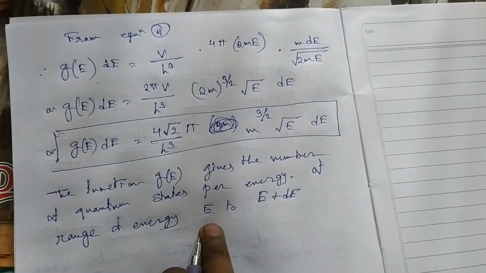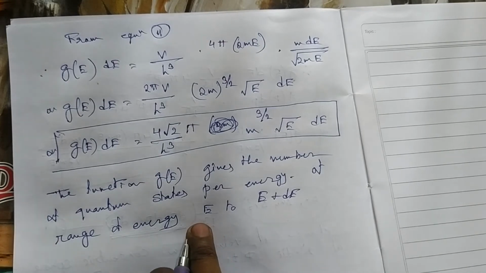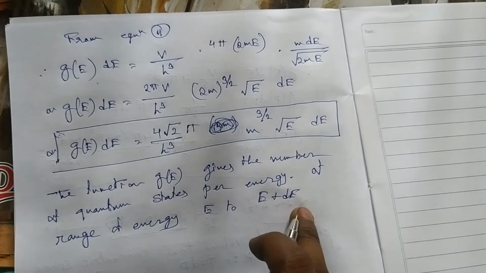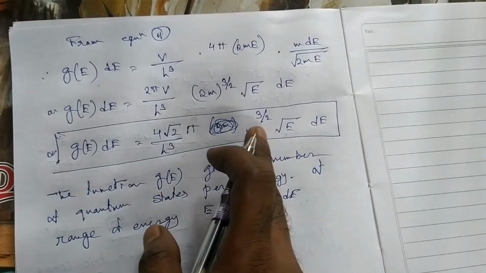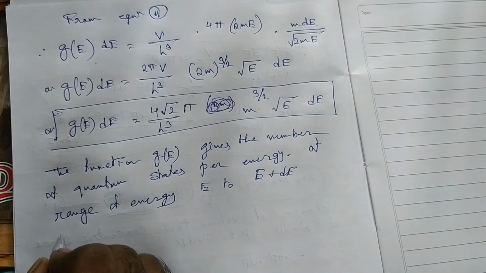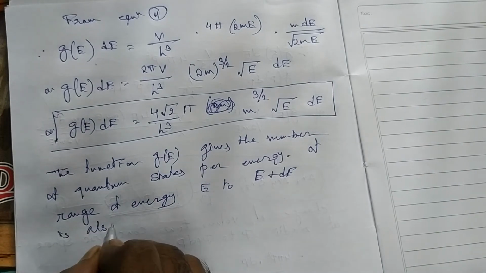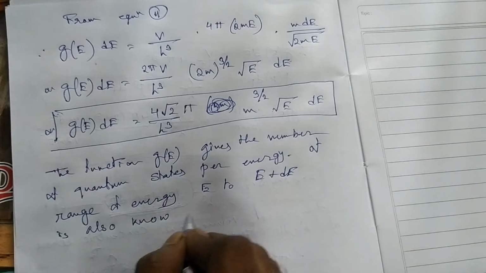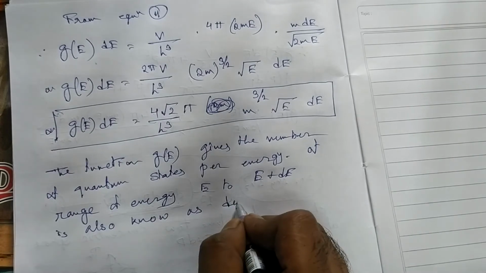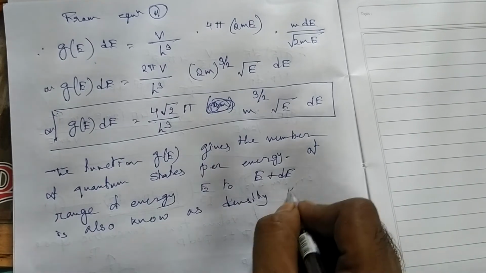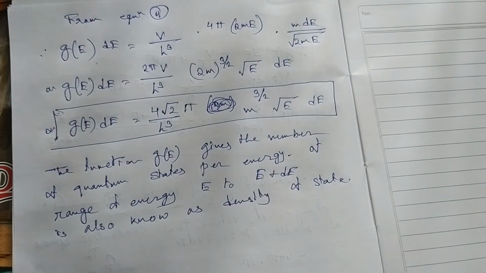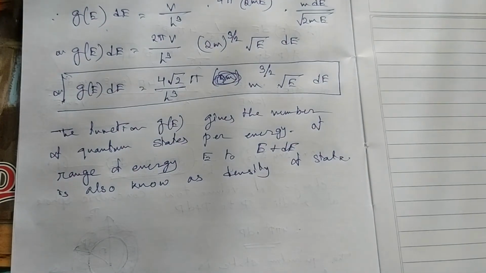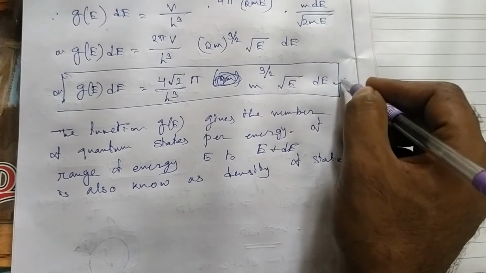So from changing energy from E to E plus dE, the function gives you the number of quantum states. This is also known as the density of states. Is it clear? This is called the density of states.